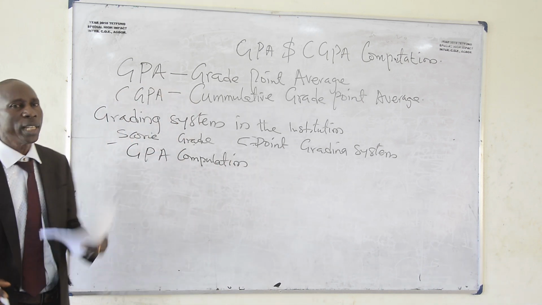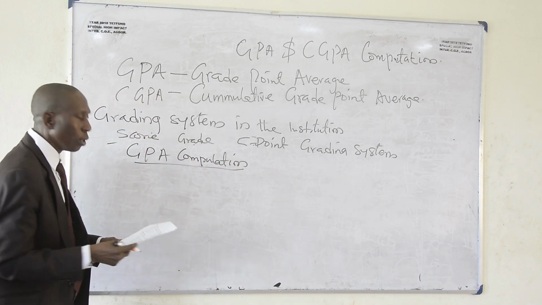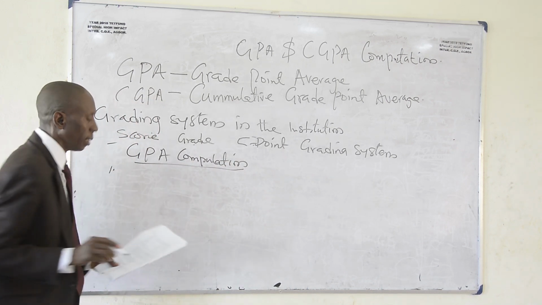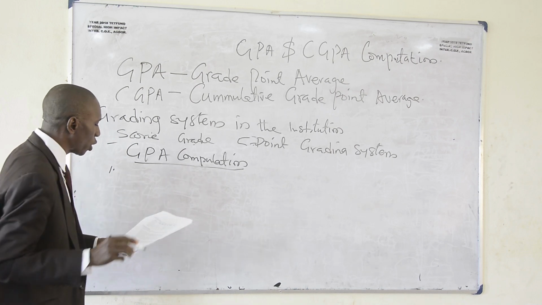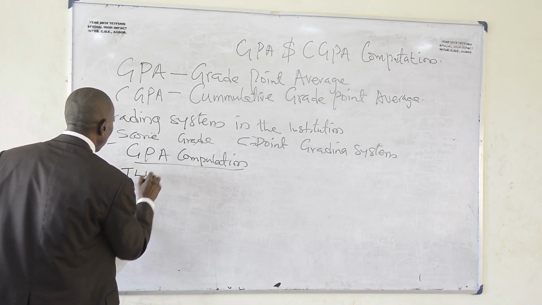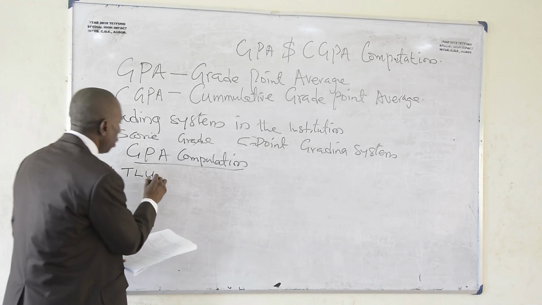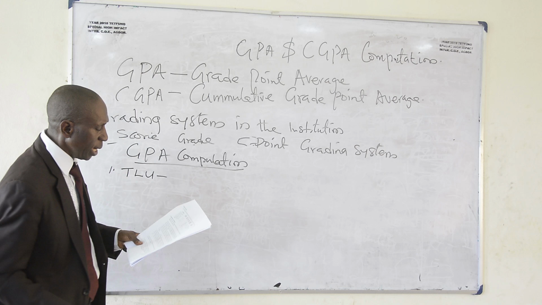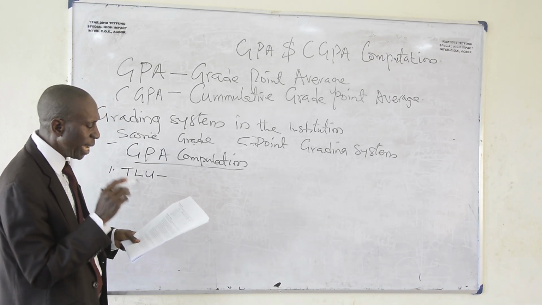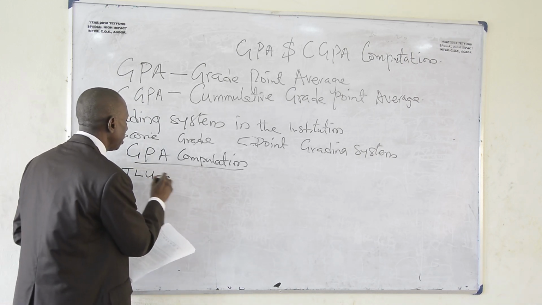Now, to go into the GPA computation, you have to know the following items. You have to know what is called total load unit, TLU. Total load unit is the total number of course units carried by a student in a particular semester.